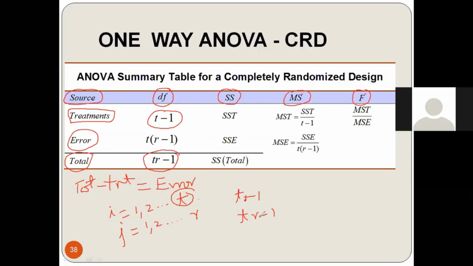Then if you deduct the treatment degrees of freedom, T minus 1, from that, you get TR minus 1 minus T plus 1. So the 1s will cancel off. So we can say error degrees of freedom is T into R minus 1.